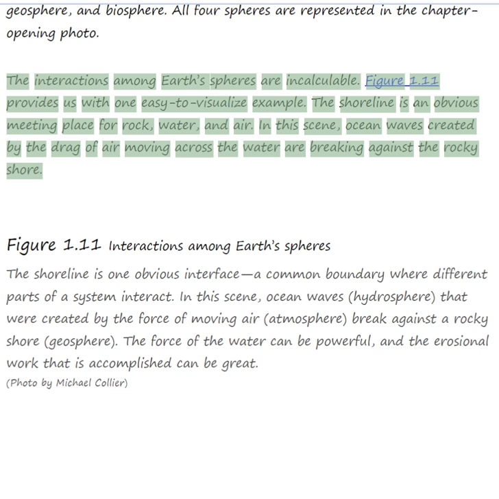The interactions among Earth's spheres are incalculable. Figure 1.11 provides us with one easy-to-visualize example. The shoreline is an obvious meeting place for rock, water, and air. In this scene, ocean waves created by the drag of air moving across the water are breaking against the rocky shore.